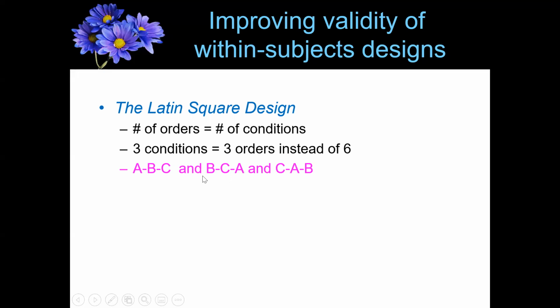It doesn't really matter which way you shift it. Like you could go, okay, A is going to go here, then you'd have CAB, and then BCA. That would give you the same result. Just these two would be switched.